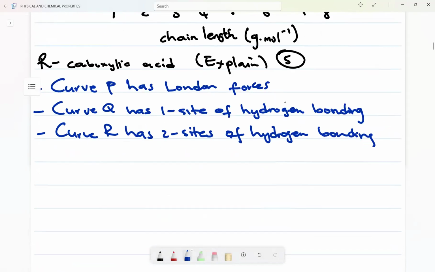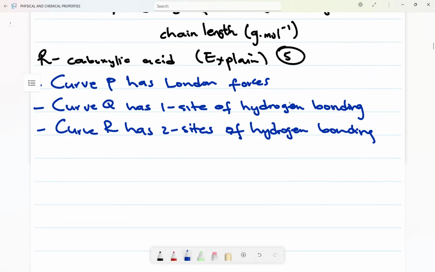How does this help me? Remember, the one that has the strongest intermolecular forces, which one is that? We know hydrogen bond is the strongest, so this one is the weakest.